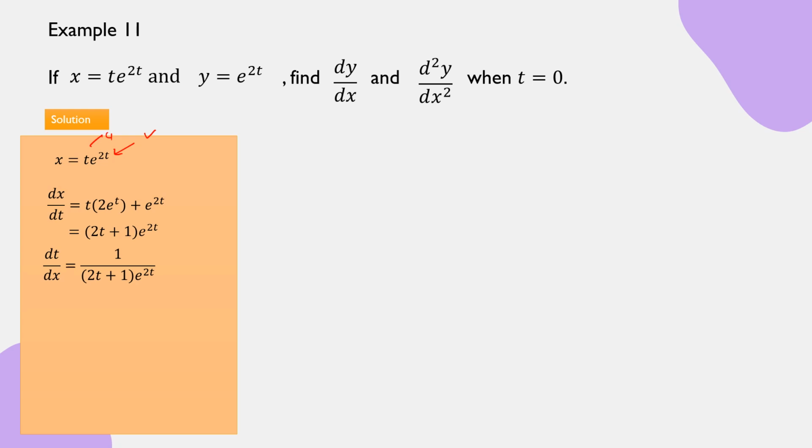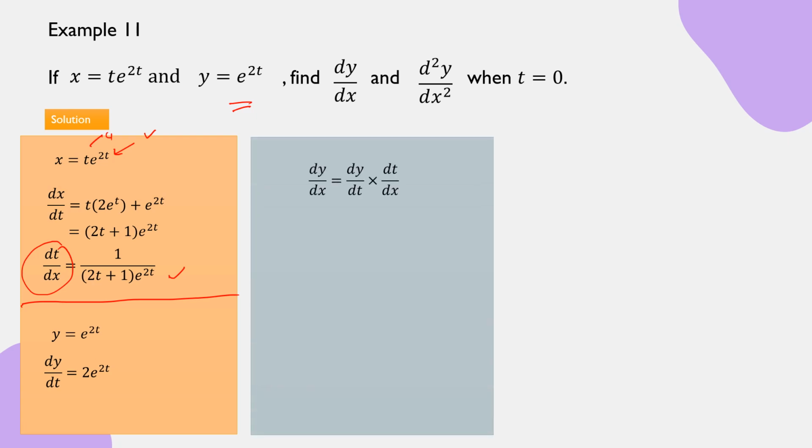This is dt/dx. And then y equals e^(2t), dy/dt equals 2e^(2t). So dy/dx equals dy/dt times dt/dx. dy/dt equals 2e^(2t), and dt/dx equals 1 over (2t + 1)e^(2t).